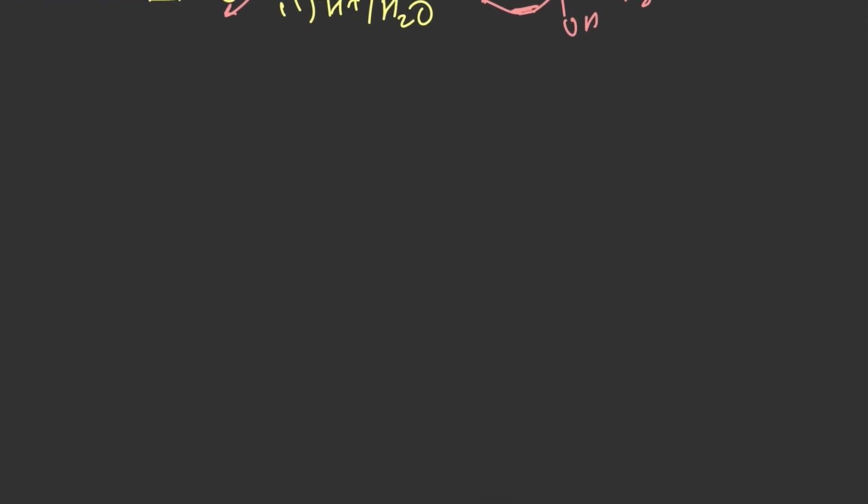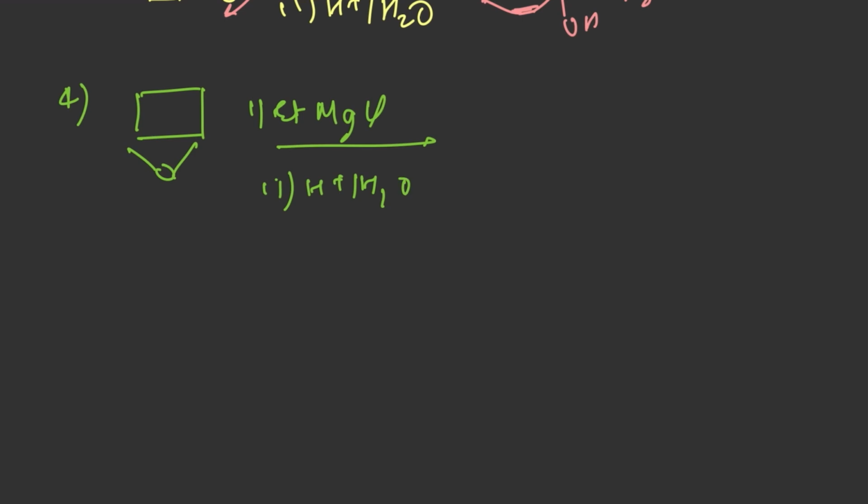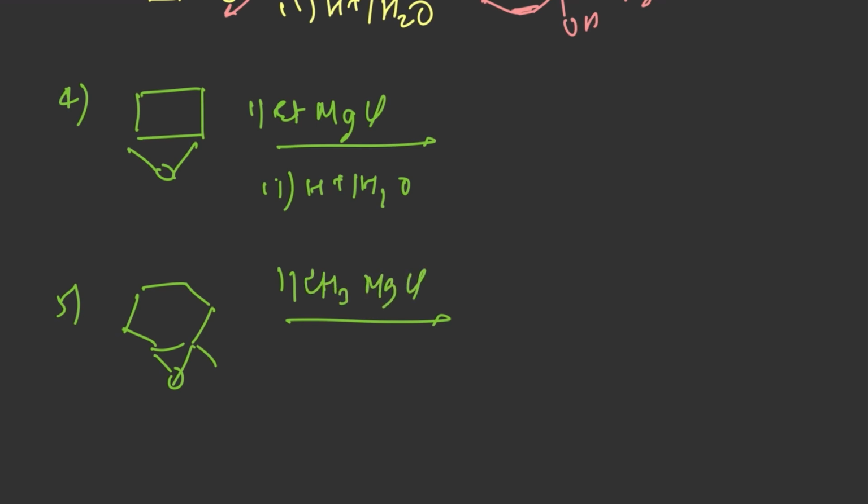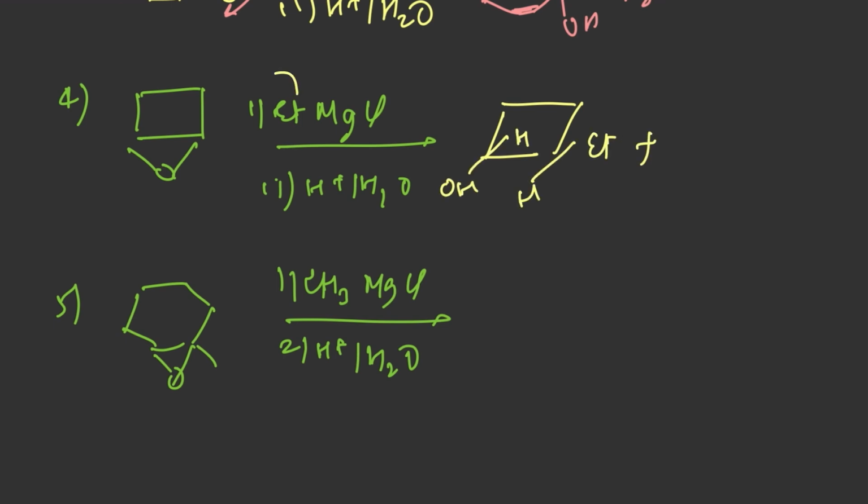Now let's talk about a couple more problems. Fourth, first EtMgCl, H+/H2O. Fifth, CH3MgCl, H+/H2O. So it will form OH H ethyl, because Et⁻ will attack over here, the ring will flip like this, and we will have OH H ethyl.